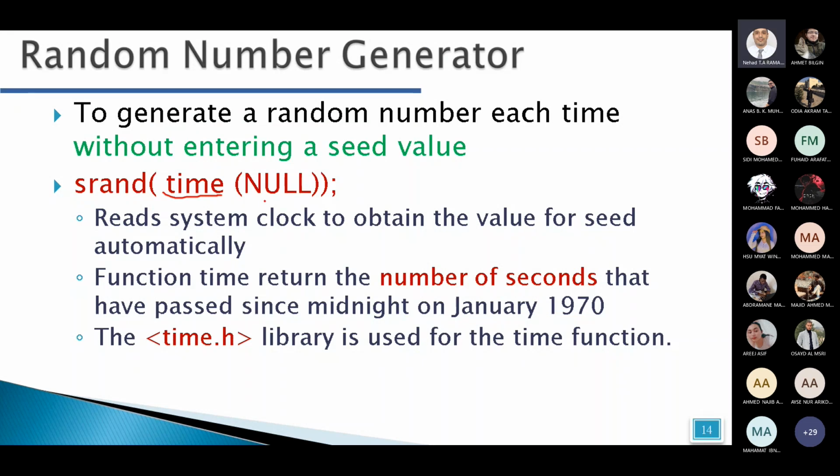What's this time function? It gives you a number of seconds. You write it like this: time, with the parameter NULL, all capital letters. This function, time(NULL), gives you the number of seconds from now back to January 1970. Why January 1970? I don't know.